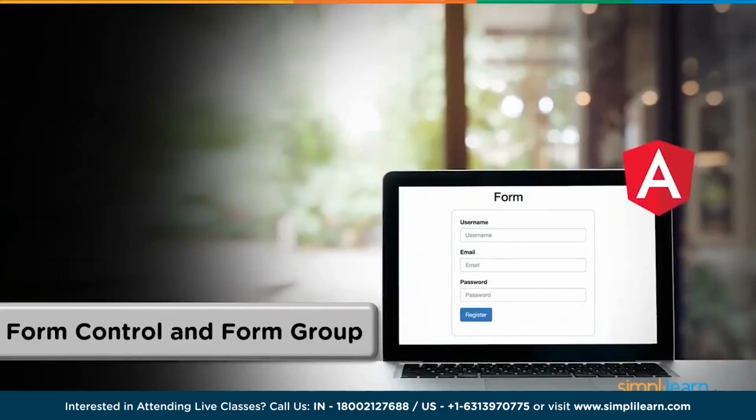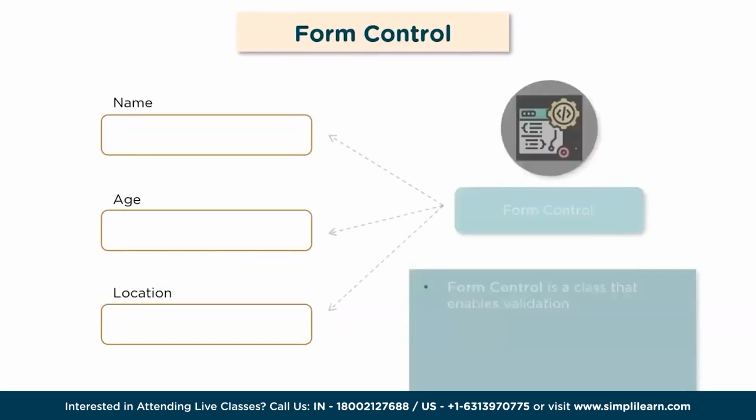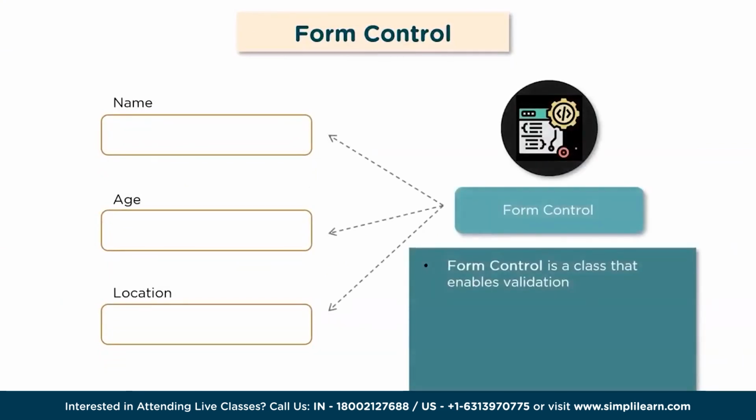So now let's go ahead and look at form control and form group. Consider a typical form consisting of fields like name, age, and location. Now a form control is basically a class that enables validation of these fields. For each input field, an instance of this class is created.